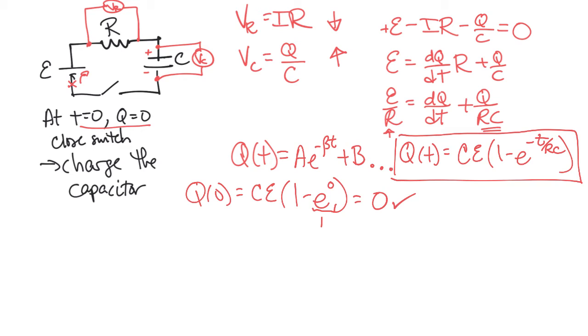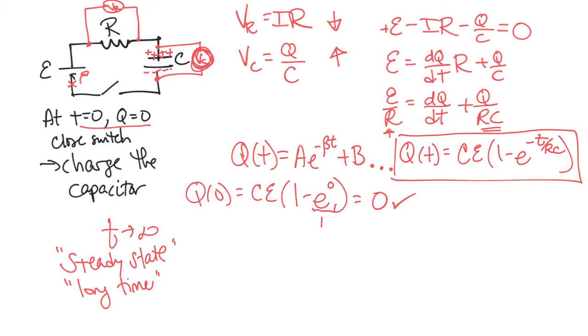So fantastic. Okay, so what is it when t goes to infinity, right? So this is our steady state solution. This is our after a long time, right? These charges are just building up on this capacitor plate. This voltage is getting bigger and bigger and bigger, and this voltage is getting smaller and smaller and smaller.